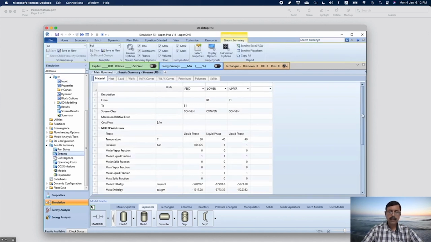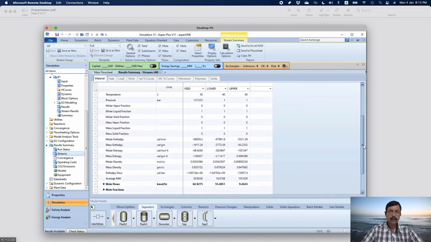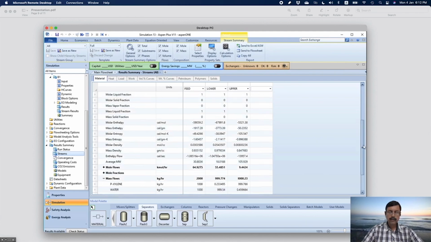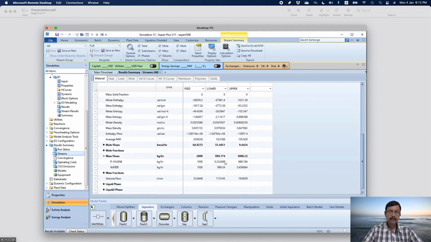Yes, so here upper and lower liquid mass flow total is 2000 kg per hour. You can see paraxylene is 999.766 in the upper liquid because it is the lighter one, whereas water comes at the bottom, okay, because water is the heavier one.